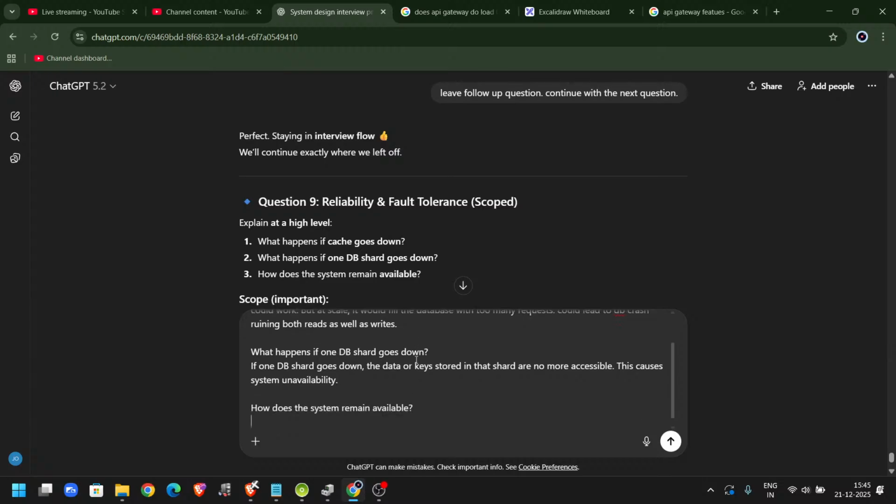How does the system remain available? Okay, that's a good question. If one shard fails, we can have a failure detection strategy which detects if the shard is down.